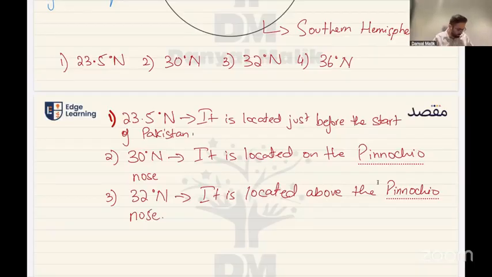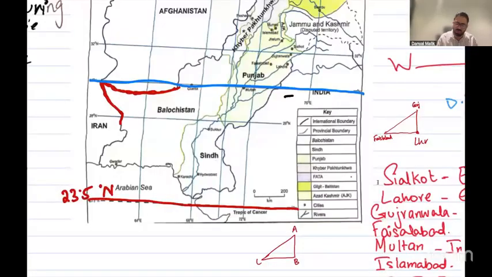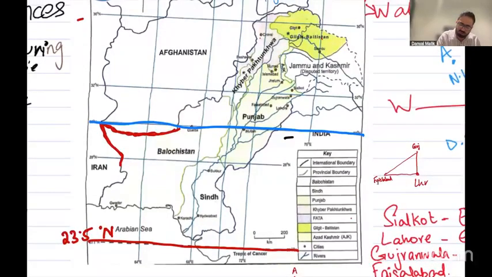So now, again, if we go on the map, if you guys see the green line, which I have marked C. Now, you guys know where the Pinocchio nose is, right?